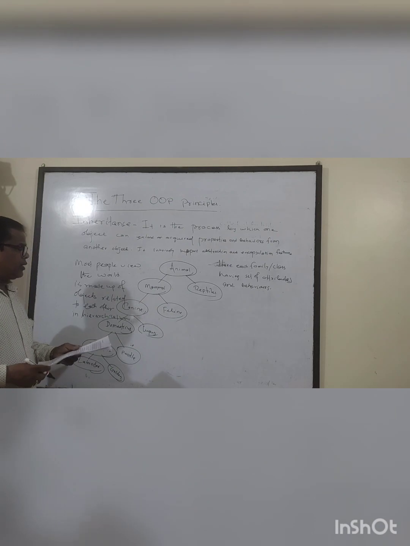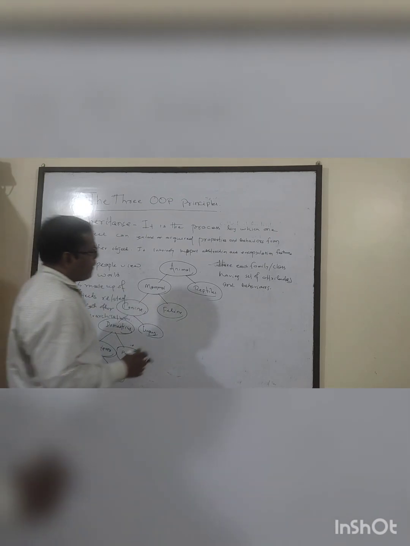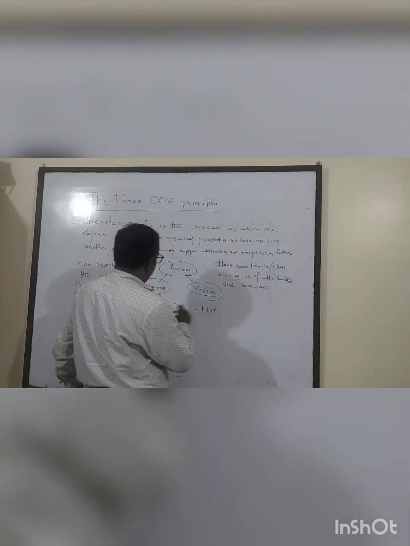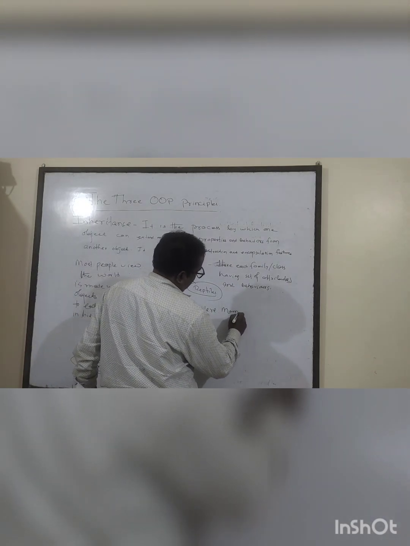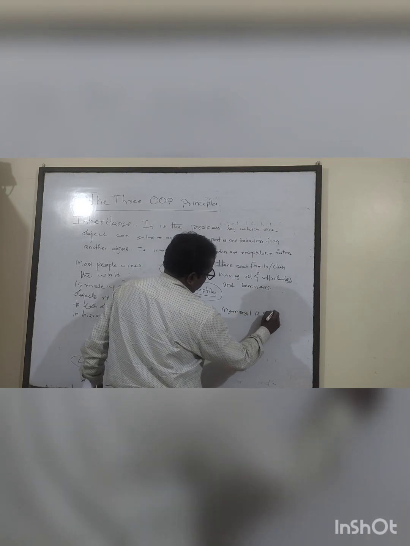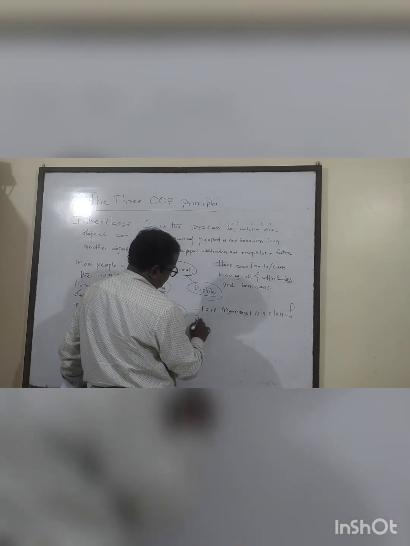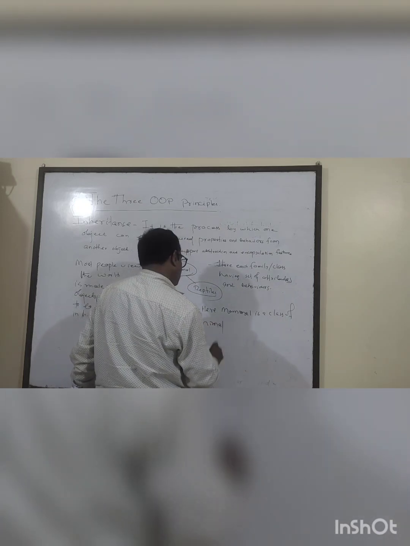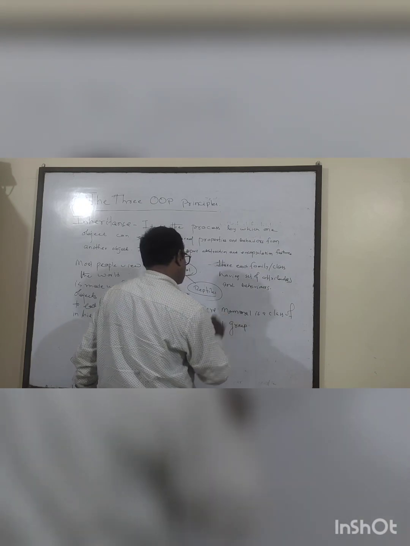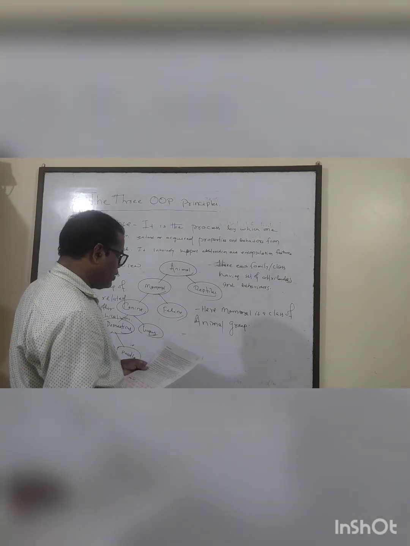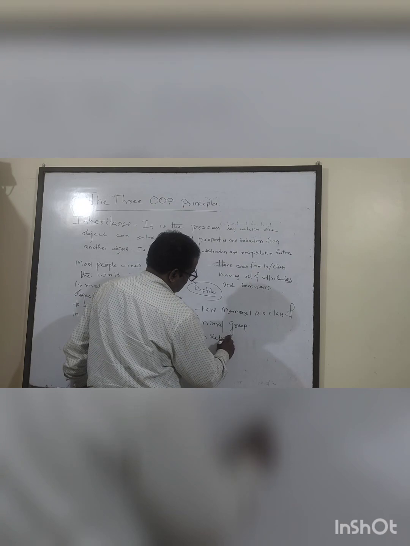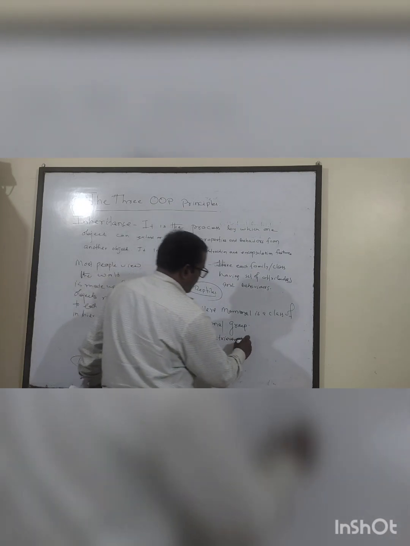So what is our idea behind that? Here mammal is a class of animal groups, and golden retriever is a dog classification.